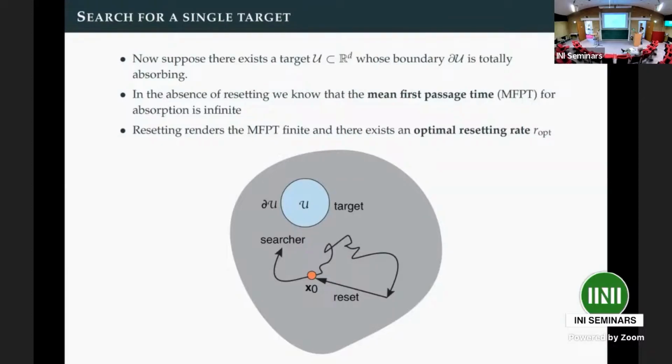But when you introduce resetting, it renders the mean first passage time finite. And moreover, for many situations, you get a unimodal function with a minimum mean first passage time at some reset rate. That's of interest to people because it speaks of the notion of using stochastic search processes in some optimal way.